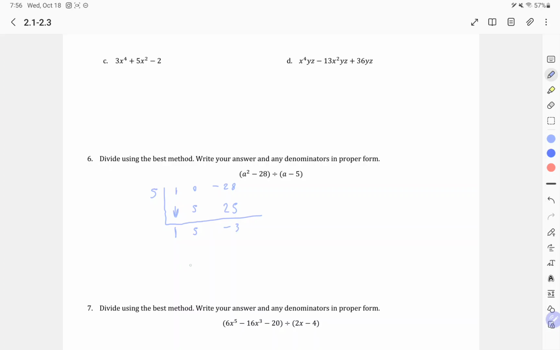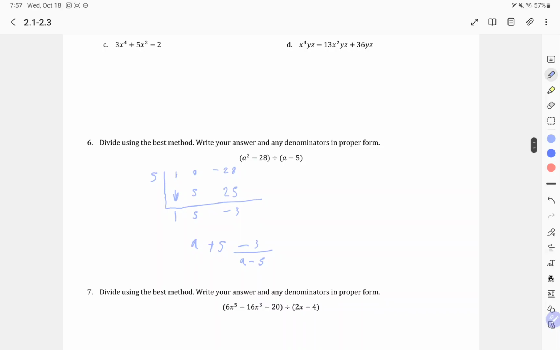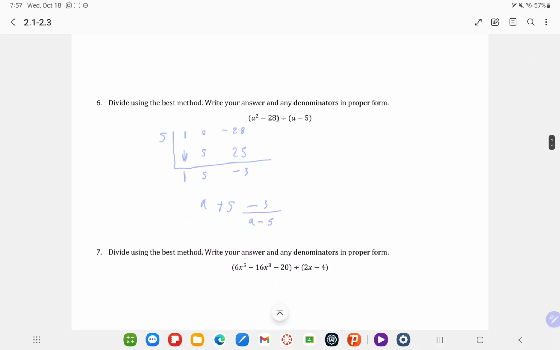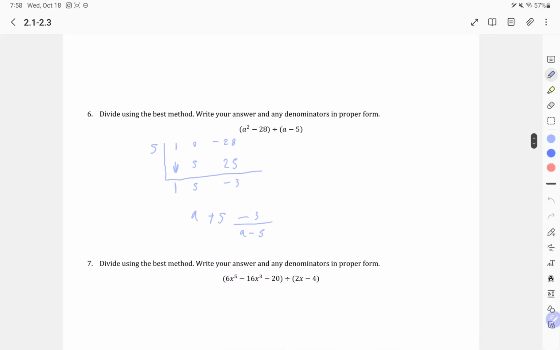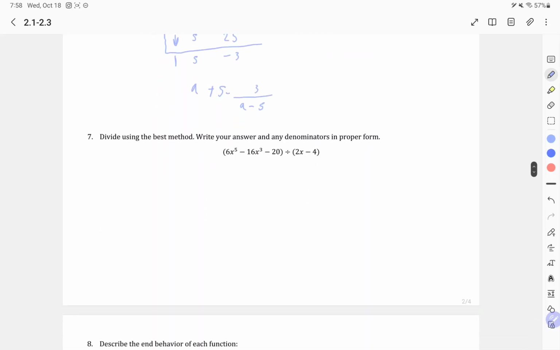All right, we have our answers. a plus 5, minus 3 over a minus 5. Sorry, my bad, a minus 5. That should be the answer to this. Let me double check. Yes, this turned out to be the correct way to solve this. I have checked my work and it is right. Let's go to the next one.